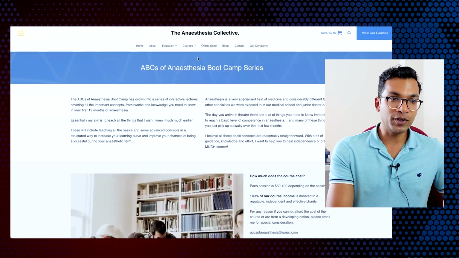They donate all of their ticketing profits, the small percentage that they charge per ticket, to a reputable charity, and they've got a particular scheme for doing that. Really fantastic platform. I'm really happy to be using them for this. They're really helpful people as well, and they try to do some bespoke stuff for ticketing for me too. So that's the ABCs of Anesthesia Bootcamp series.